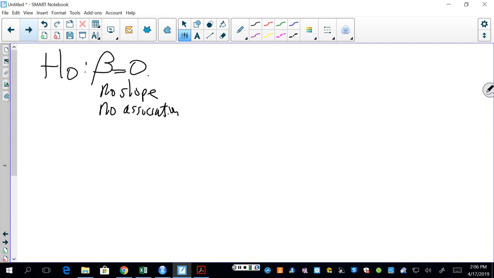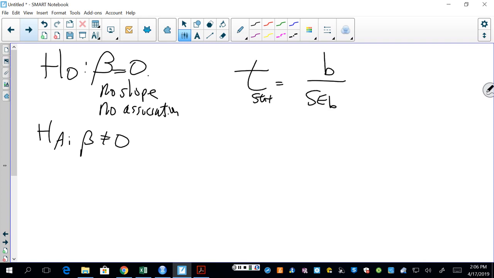Which means x and y do not change together, and it's just a random pattern. The alternative is that it's not 0, but there is an association, and that it's statistically significant. The t-statistic for this test is simply the coefficient over the standard error. The formula is in the book. You won't have to calculate it directly. We just read it from the output.